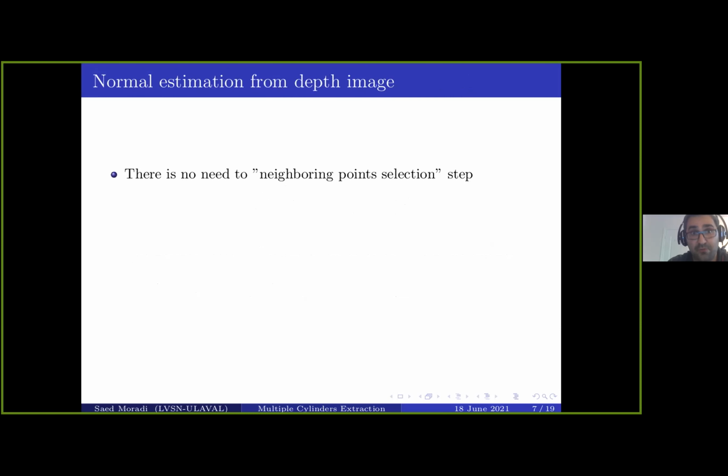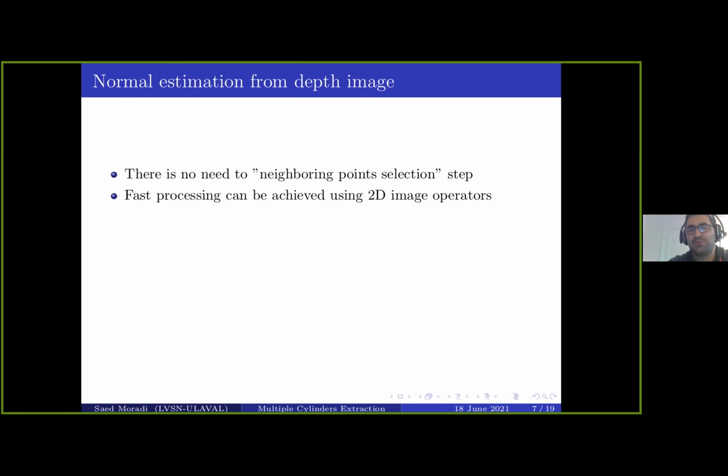So we go for normal estimation directly from the depth image, because in the depth image, we don't need to identify the neighboring points for a query point. So this step is cancelled in our method.